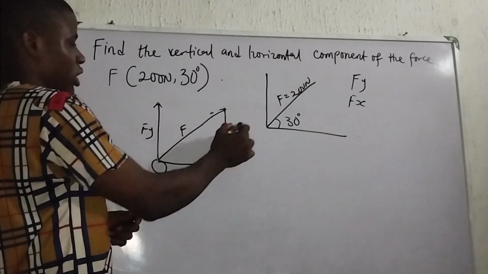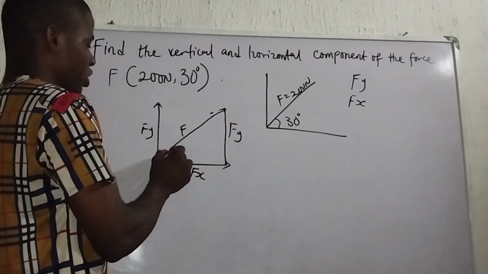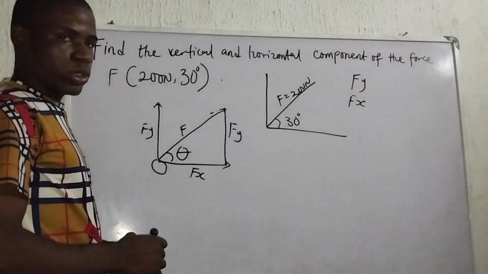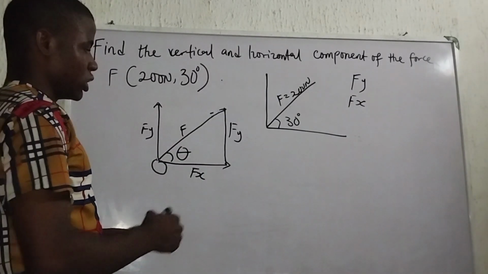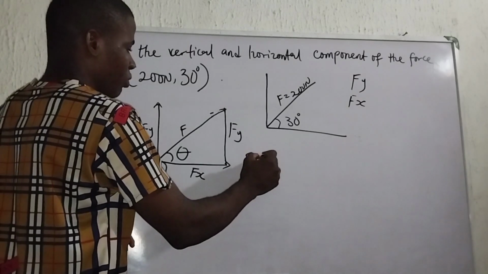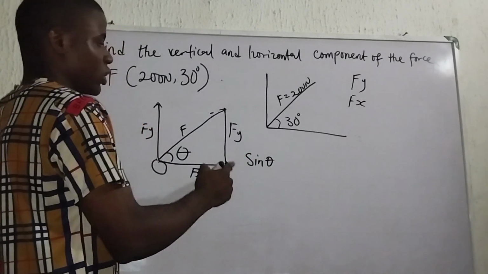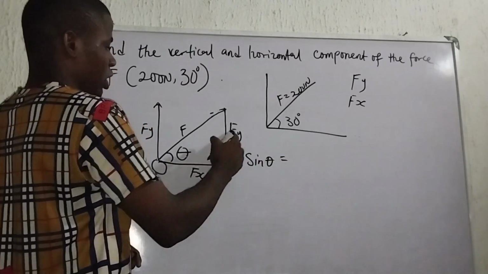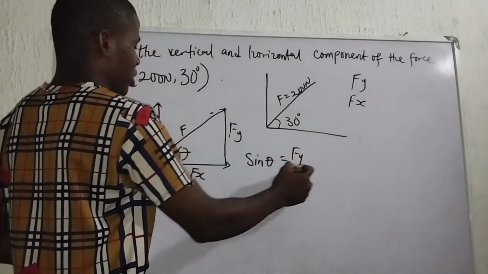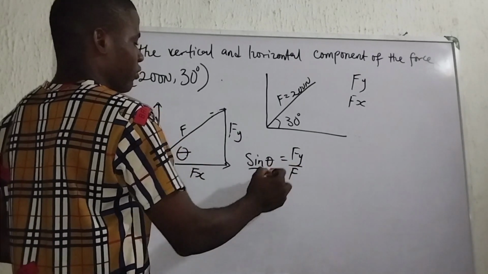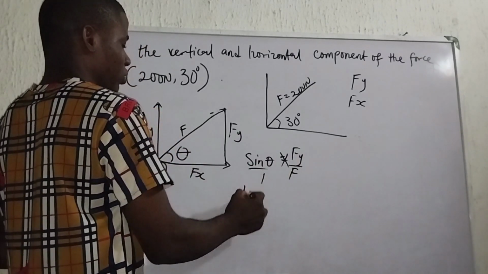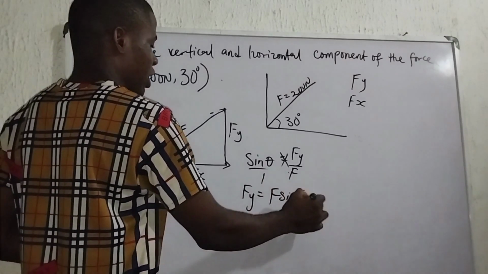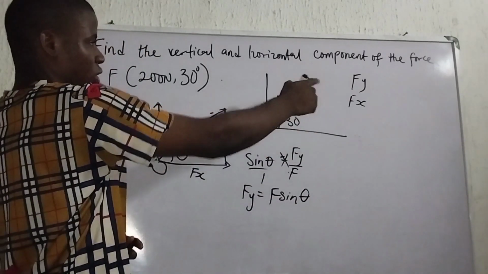So if they are inclined at an angle theta to the horizontal, sine theta is opposite over hypotenuse. The opposite here is Fy and the hypotenuse is F. Cross multiplying, we get that Fy is equal to F sine theta. And that's the formula we are going to use.